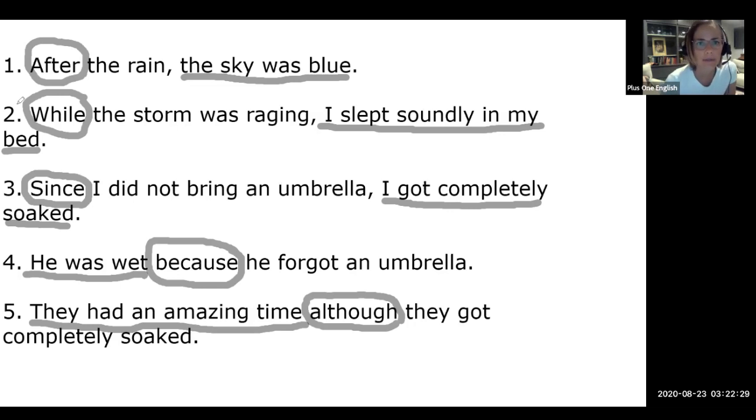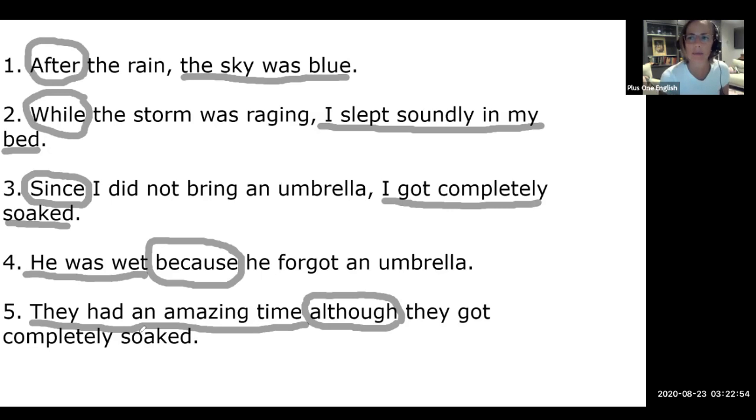So if you look here, 1, 2, and 3 have the independent clause or the mommy clause at the end of the sentence, while the subordinating conjunction after, while, and since is at the beginning of the sentence. In 4 and 5, the subordinating conjunction is in the middle of the sentence, and the independent clause happens to be first in the sentence.